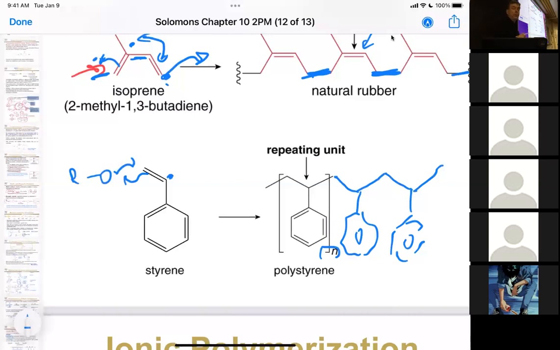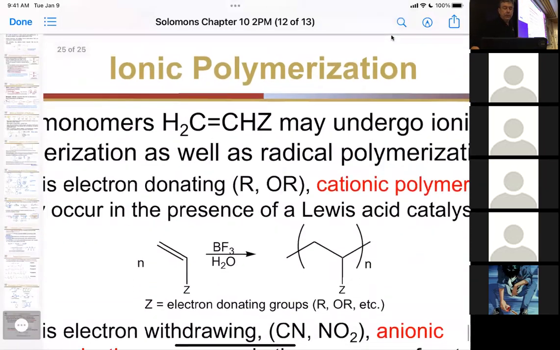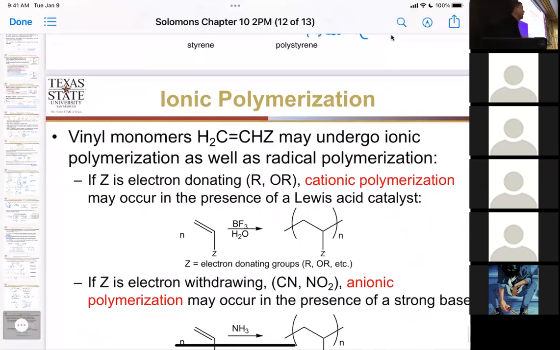All right. So that is how we do radical chemistry, but that's not the only way to make these vinyl polymers, because we have that resonance structure helping us. In the case of other vinyl monomers, if we have an electron donating group that can stabilize a carbocation, we can use a Lewis acid to initiate the same chain type reaction.